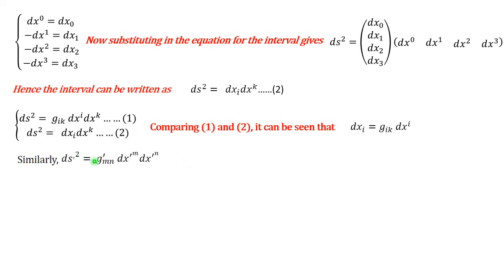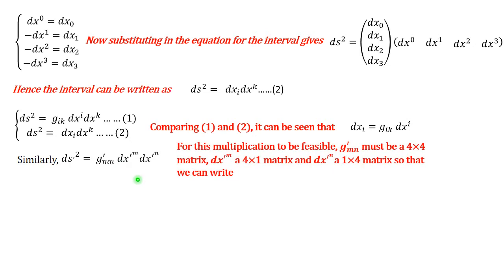Now let's work in the K prime reference frame. In the K prime reference frame, our interval will just be ds prime squared equals g prime mn dx prime m dx prime n. We're just using m and n now as other arbitrary variables representing i and k in that reference frame. But now we're working in the K prime reference frame.